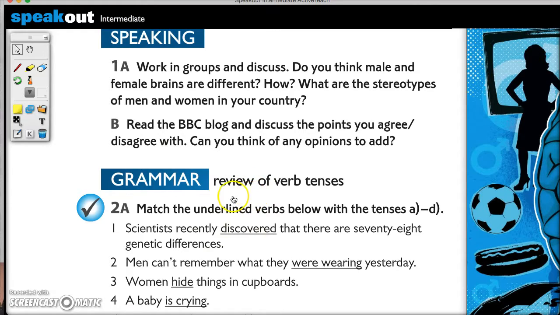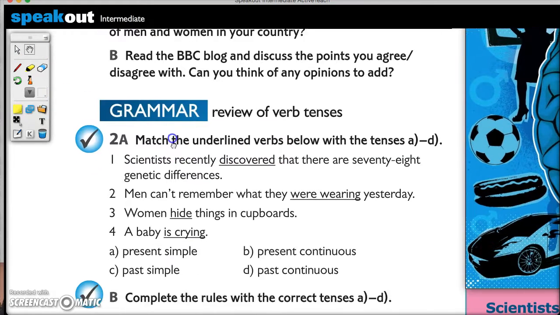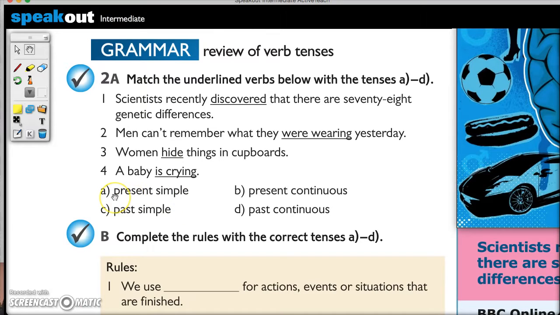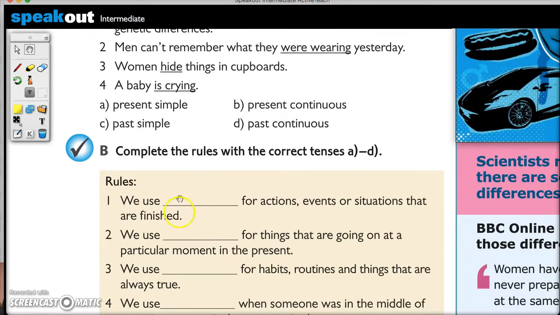There is the first activity for the review of the verb tenses. In here you have to match the underlined verbs here with the tenses here. Okay, so for instance, discovered, that's the past simple, right? And you have to do the others.